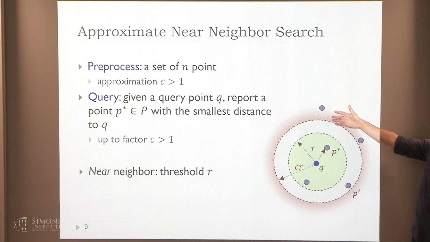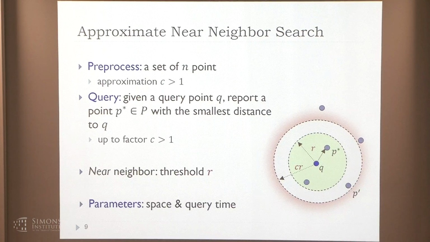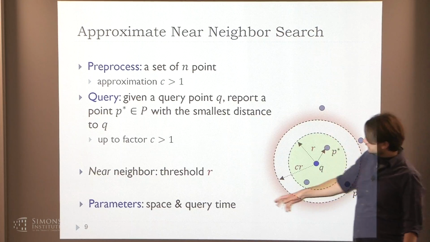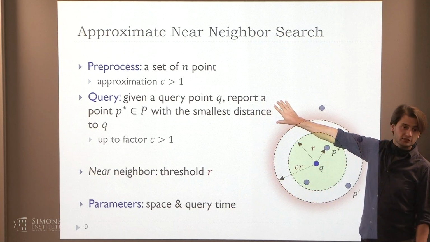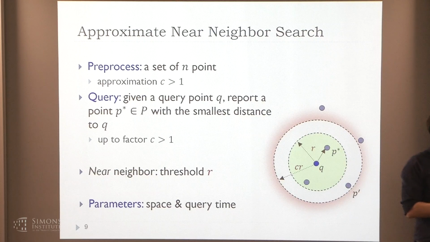But it is not okay to report something from the red area. So this is the formal definition of approximation, and the main parameters that we care about are the space to store this data structure, plus the query time, how much time it takes to answer a query. Hopefully it will take time which is sublinear in the number of points.